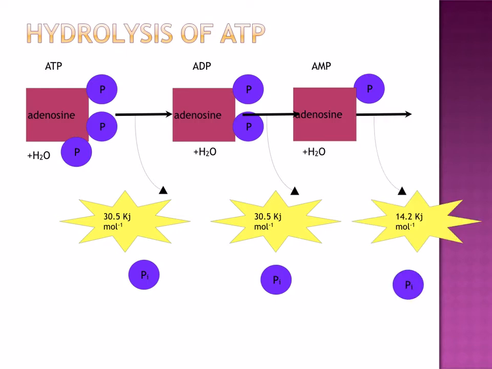And this can be further broken down into adenosine and only 14.2 kilojoules per mole of energy is released. So notice how in each stage you've got an inorganic phosphate being released, and 30.5 kilojoules per mole for the first two reactions, and then only 14.2 kilojoules per mole.